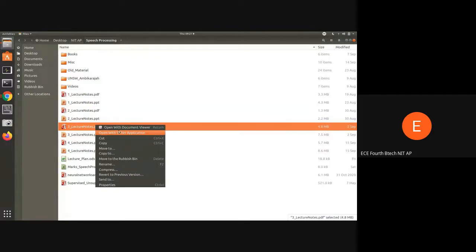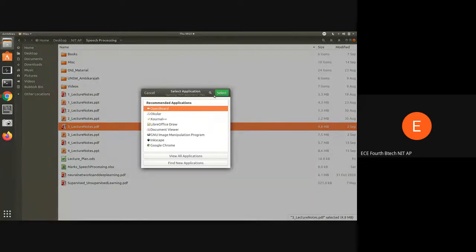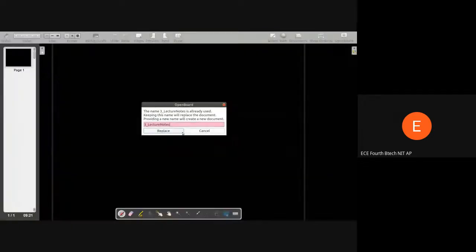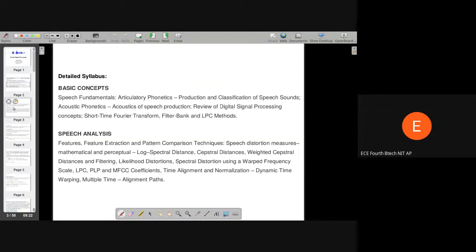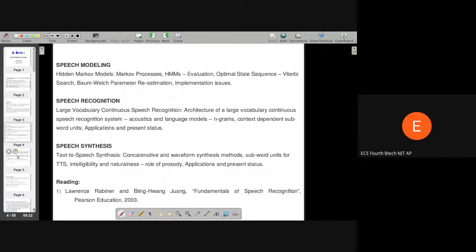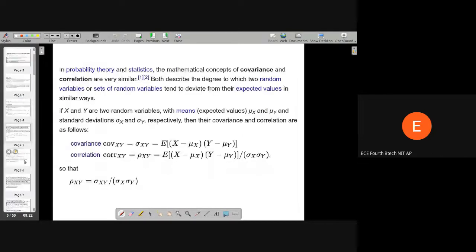After that, we started our signal processing applications for speech. We discussed, if you recall, why speech is a random process.